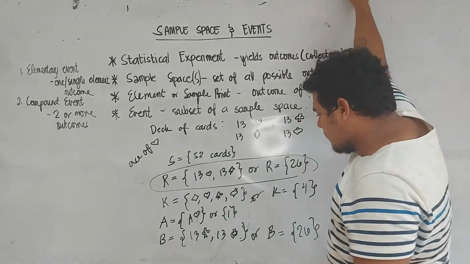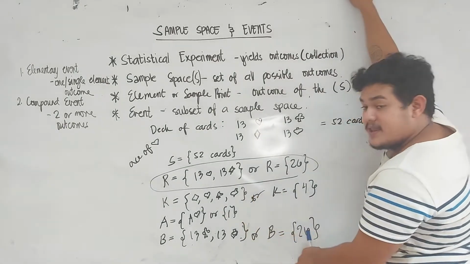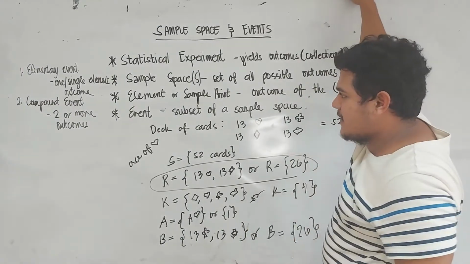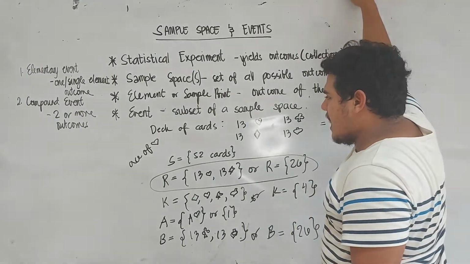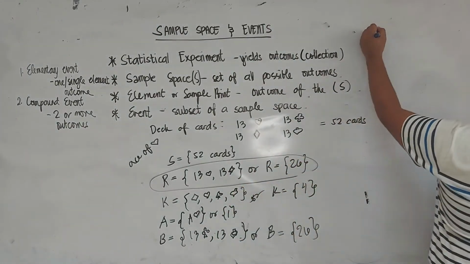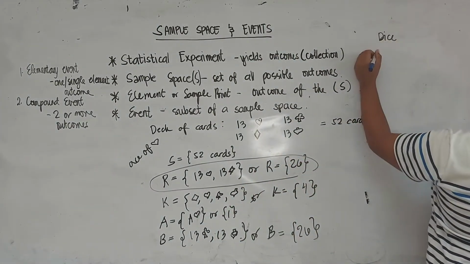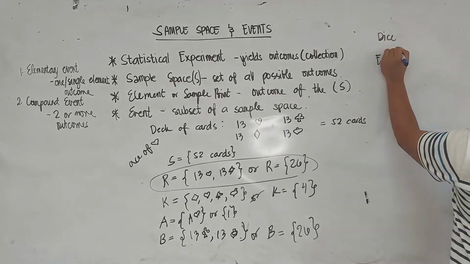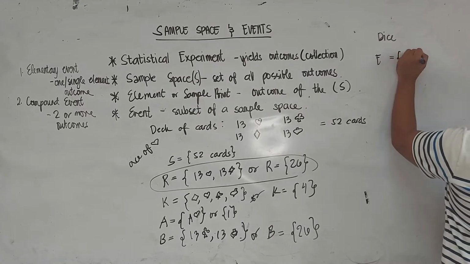Anong compound event man? Because there are many other outcomes. Dili lang kay isa. So for example, sa dice. If you will toss a dice, let E be the probability of getting an even number.